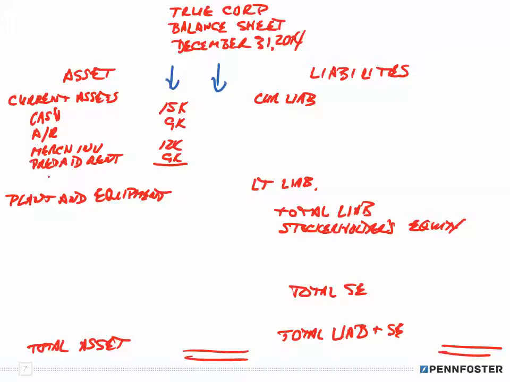All right. So now notice I'm indenting again for my total, and I'm abbreviating current assets. I'm indenting right here and writing in total current assets. And now I'm going to add these up, and instead of putting the figure here, I'm going to put it here instead.